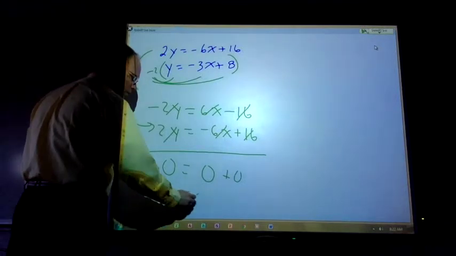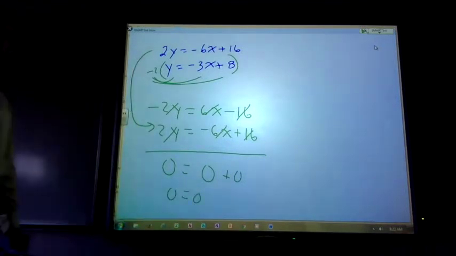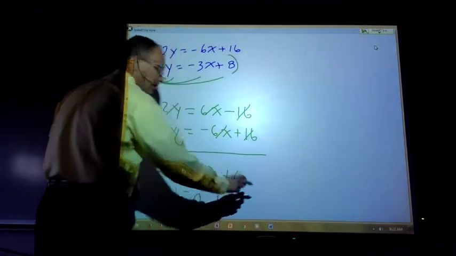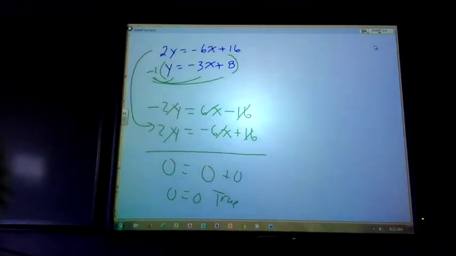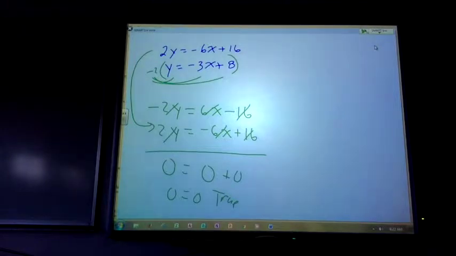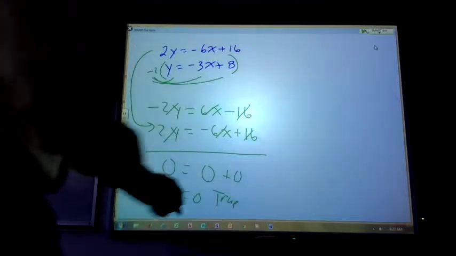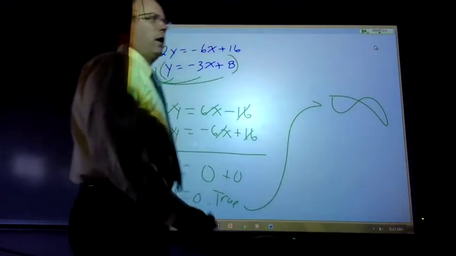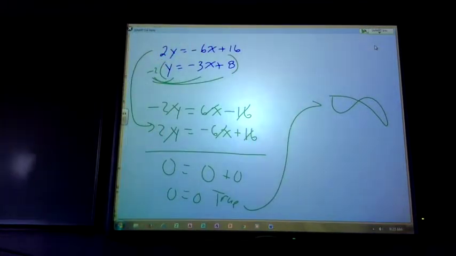Is 0 equal to 0? Is that true? What can you tell me about the solution? How many of them do I have? None, one, or infinite. So this is true. That gives us infinite solutions. Good deal. Okay?